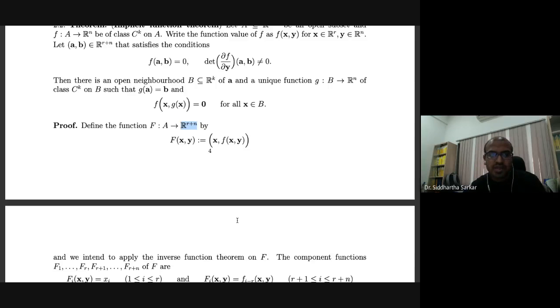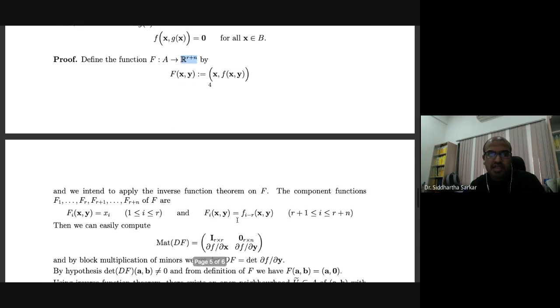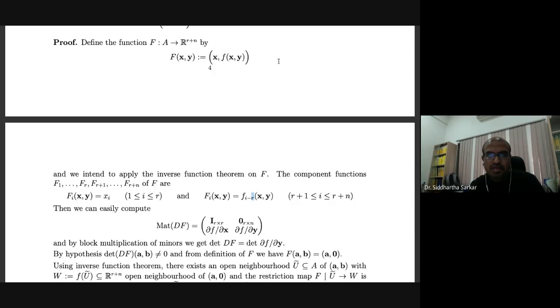If I do this, I can easily see that the component functions for the first r variables are just xi, and the remaining ones are my fi's. Okay, so these are just the coordinates I'm looking at, and because of this I can easily compute the entries of the matrix of dF.